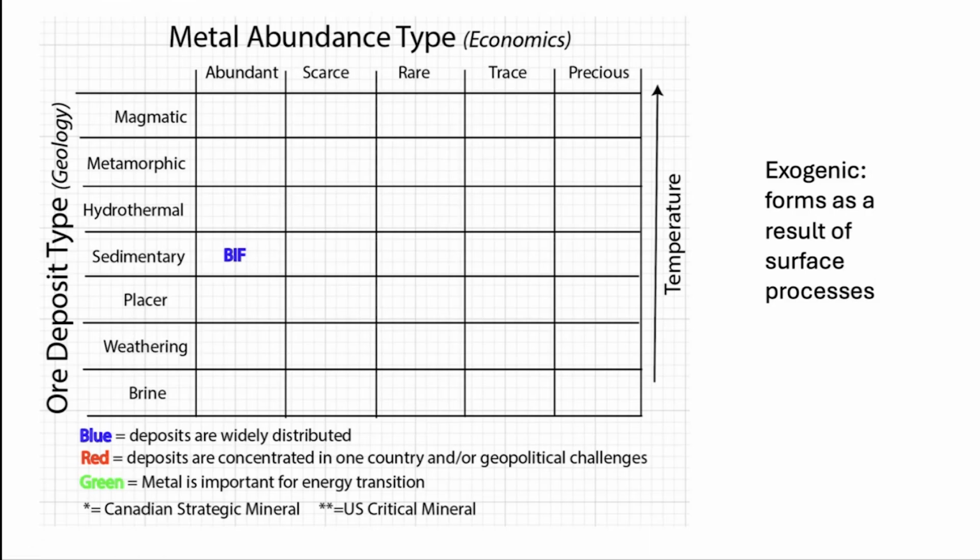And then also asterisks, because the definition of what a strategic mineral is in Canada does not map exactly onto what the United States calls a critical mineral, I'm using asterisks. So you can see here that BIF is an abundant metal. We've already talked about that. It's a sedimentary deposit. There's plenty of it running around, and neither Canada nor the United States is too worried about that from a strategy point of view.